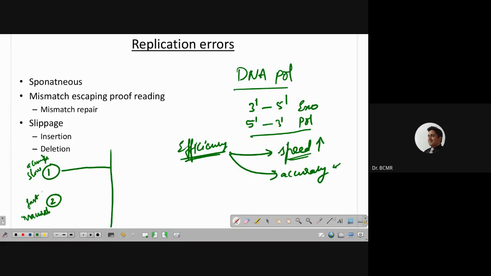What do you think is good? Accurate and slow, or fast and inaccurate? Typically, the answer would be both are wrong. But if there was a situation that within 1 minute you have to divide, otherwise you lost the race, which one is better?